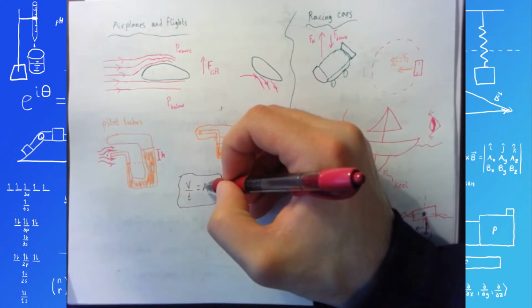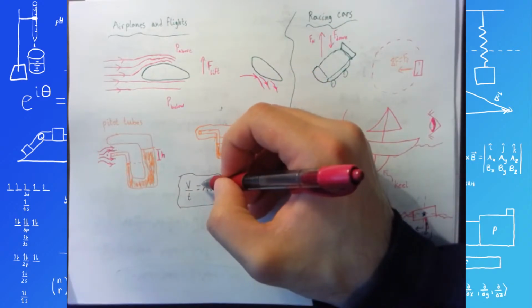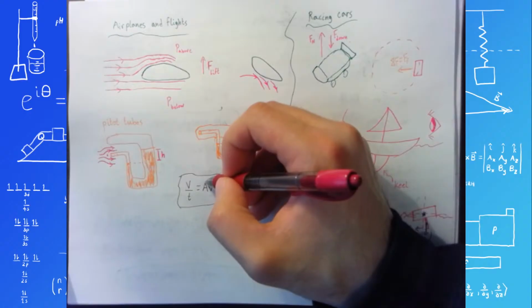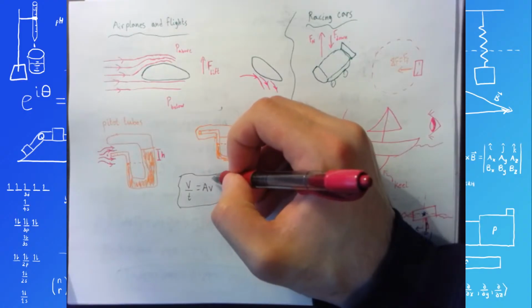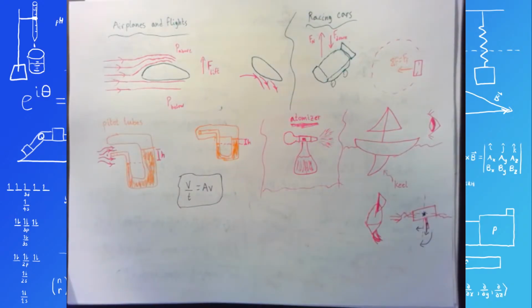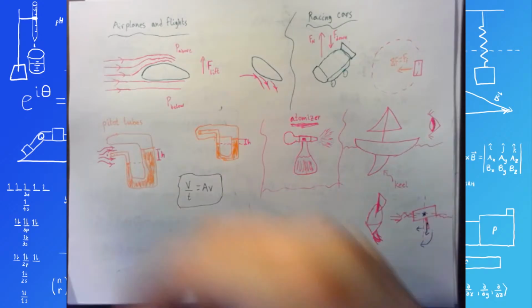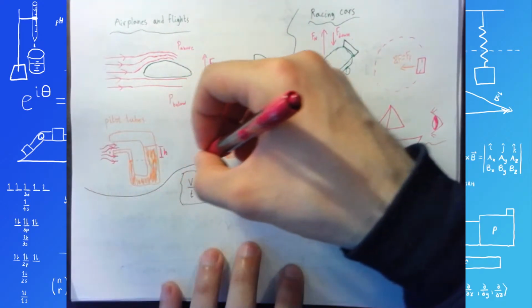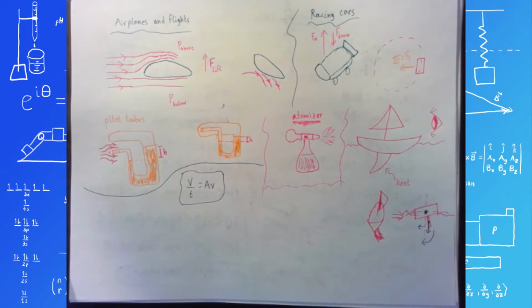And then they said the area of the cross-section was 1 square inch. I would convert that to square meters, and that would get you your velocity in meters per second. But that's a pretty straightforward problem, so I'm not really going to do it. I don't think you need to see me working that problem.